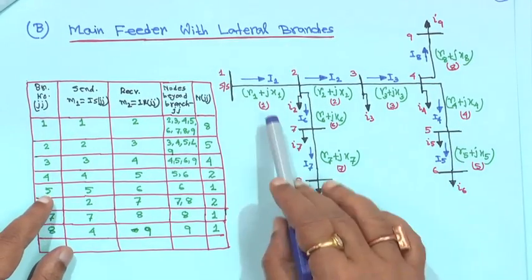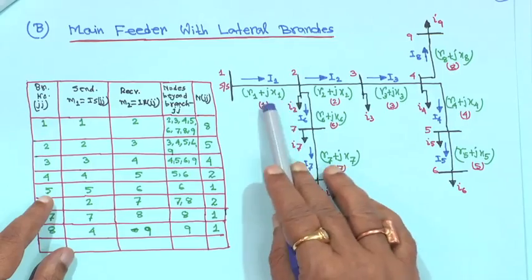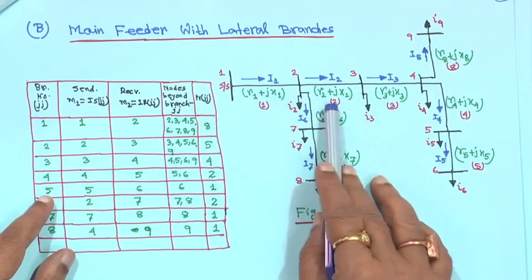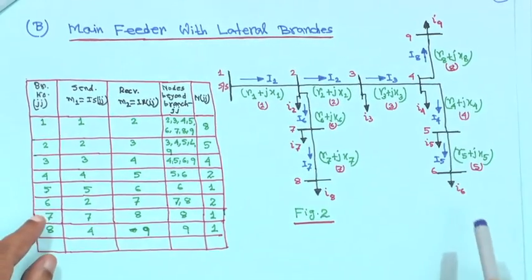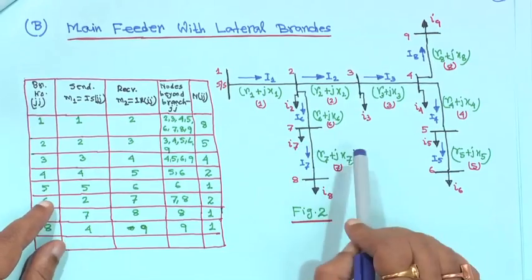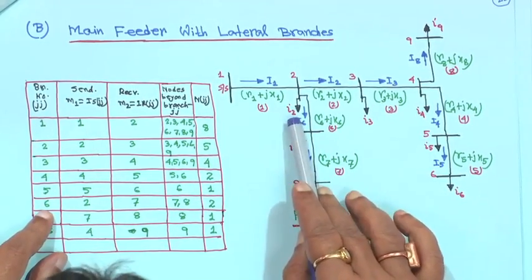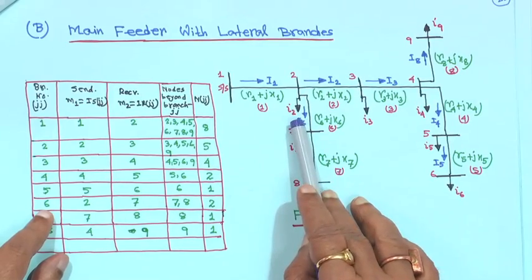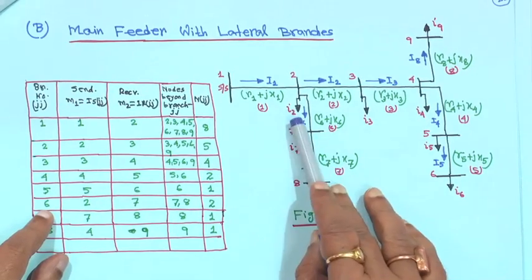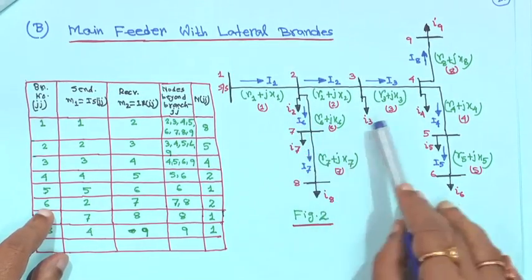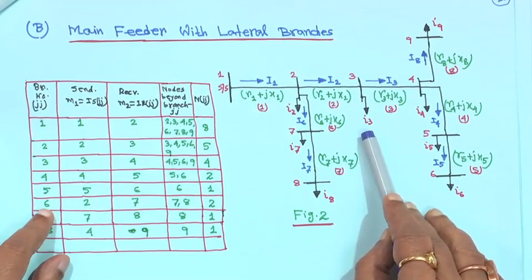So, the green colored ones are all impedances Z1, Z2, that is R1 plus jX1, R2 plus jX2. Everywhere load is given. Look here, I2 load is there, PL2 plus jQL2, but it is not shown here, otherwise the figure will be very clumsy. But for the main feeder we have shown it: I3 means PL3 plus jQL3 load is there.